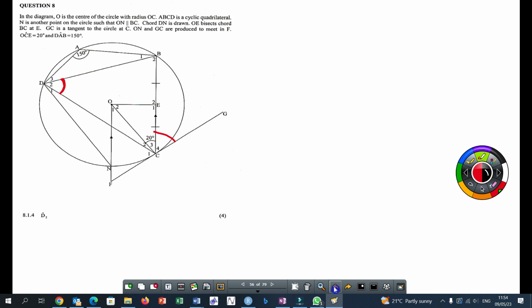Let me just write this and say that angle OCG is equal to 90 degrees. My reason here is tangent perpendicular to radius. Okay? OCG is equal to 90 degrees. It's an angle between a radius and a tangent. The tangent is perpendicular to the radius.